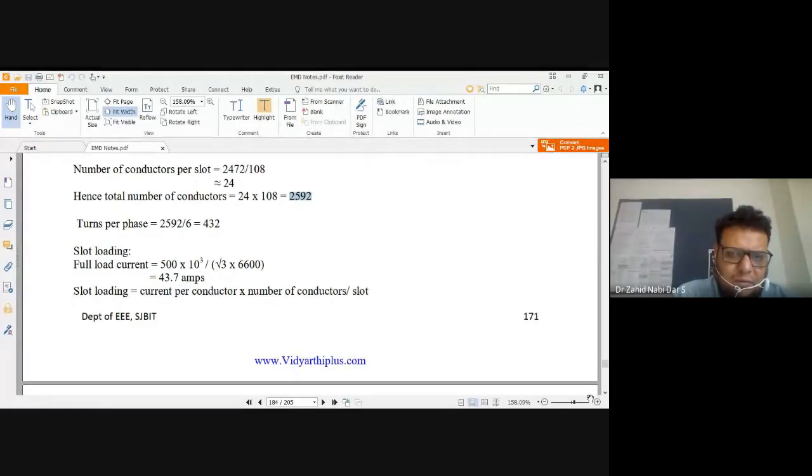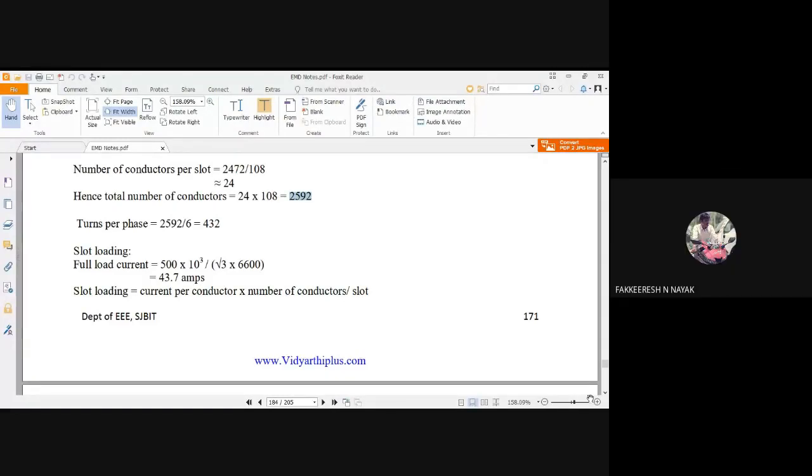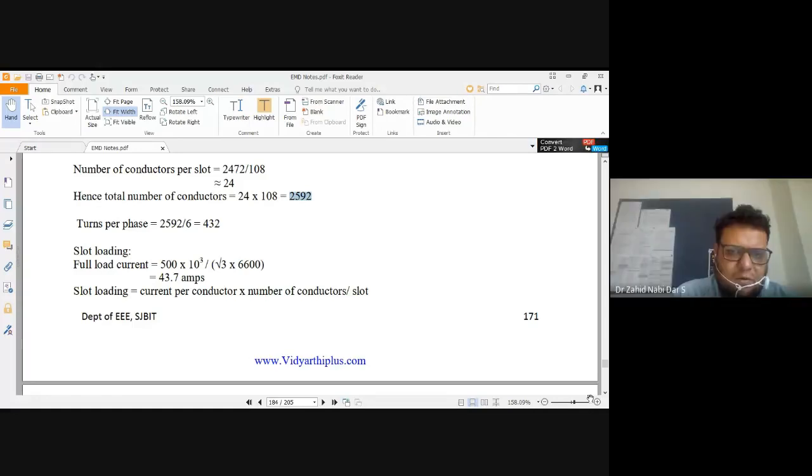Where are you getting 2472? I think there is some mistake here. The answer is an approximate value, sir, 24 conductors per slot. 2472 divided by 108, so you are getting 22.88.